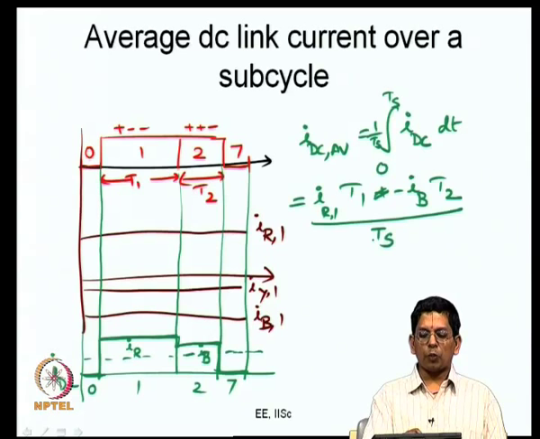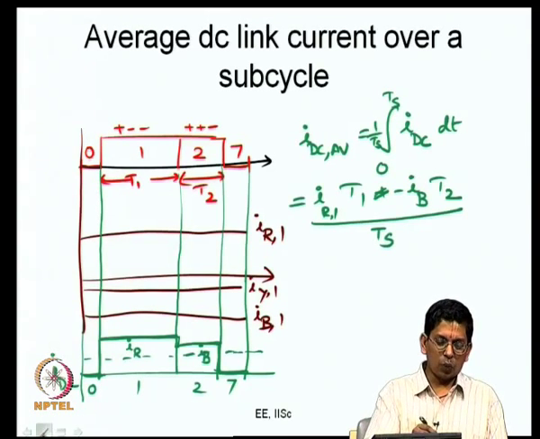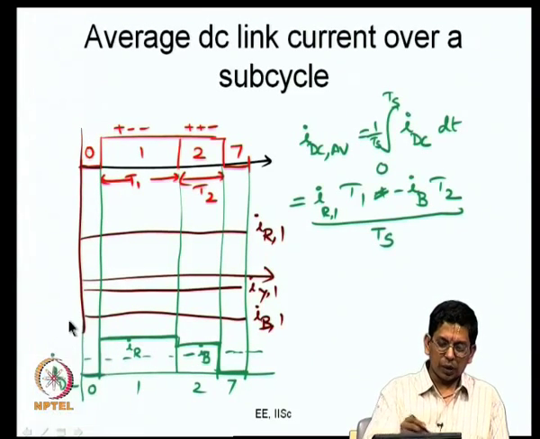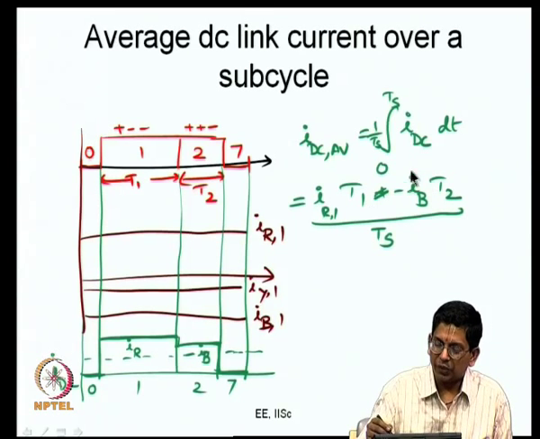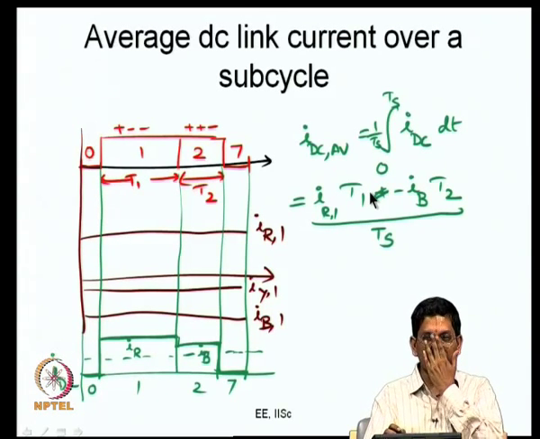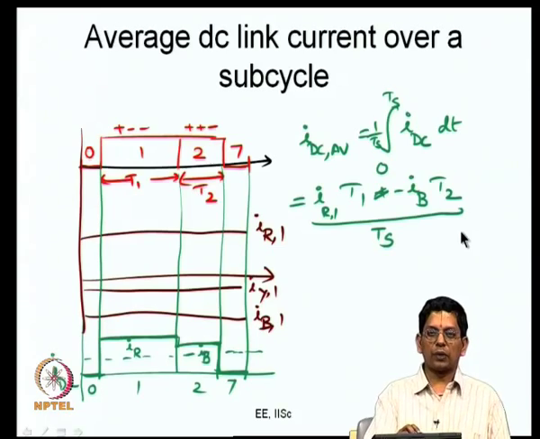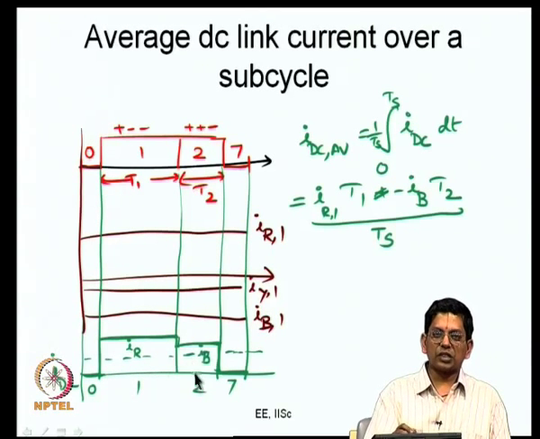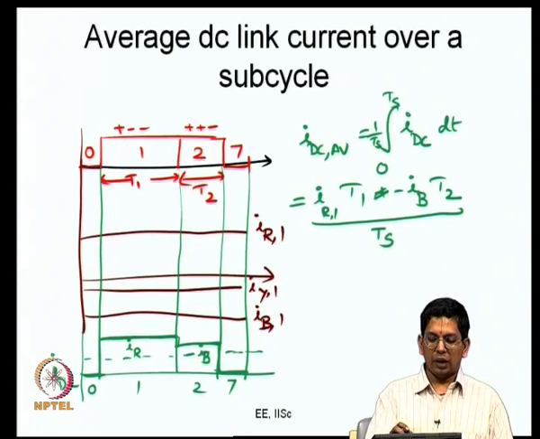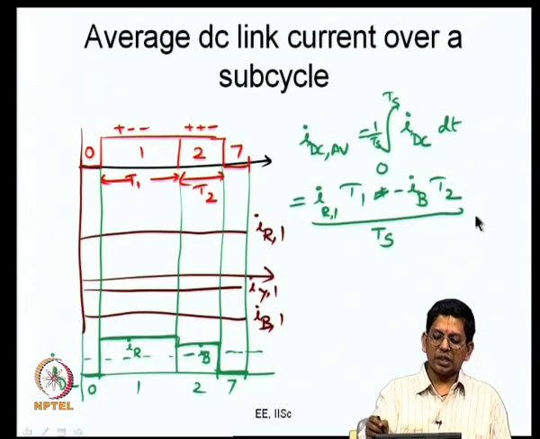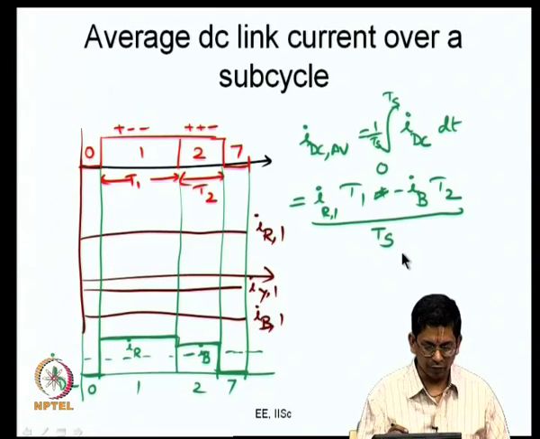So, what will happen from one cycle to another cycle? When you go into the next cycle, your IR1 value will change and minus IB will also change, and the T1 and T2 values will also change. So, the DC link average current will go on changing from one subcycle to the other, and this is the case we have considered in sector 1. If you go to another sector, you will see a similar picture, which we will do in a short while. It actually repeats over every sector, as we will see a little later.